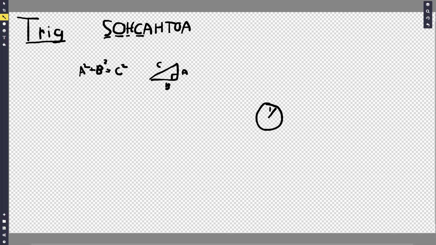The sum of the squares of the two legs is equal to the square of the hypotenuse. So 1 squared is equal to 1, and we have x squared plus y squared is equal to 1. Since x is cosine of an angle and y is sine, we get cosine squared of an angle plus sine squared of an angle is equal to 1.